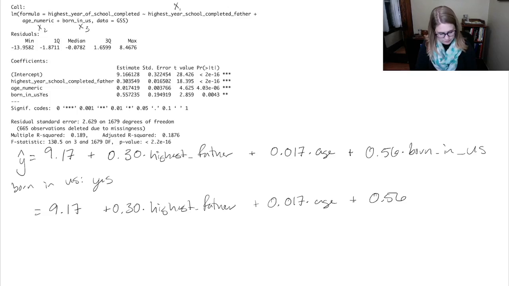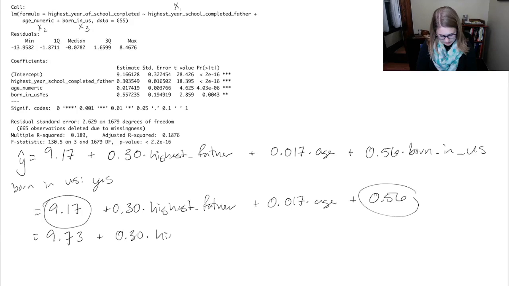And then we're going to combine together this 9.17 and the 0.56. So then I'm going to get 9.73 plus 0.30 times highest father plus 0.017 times age.